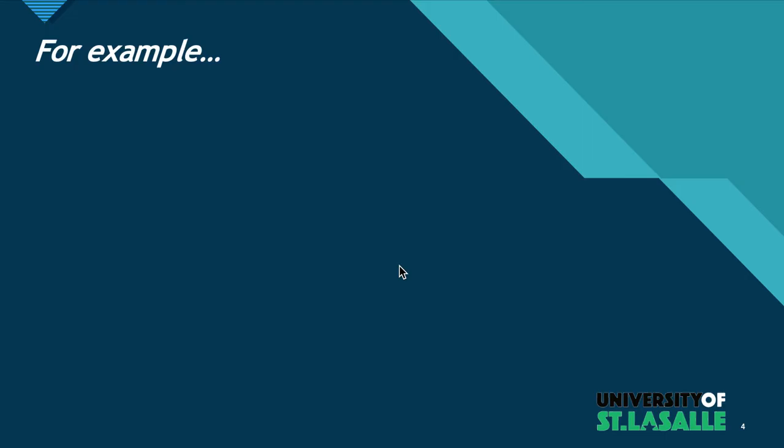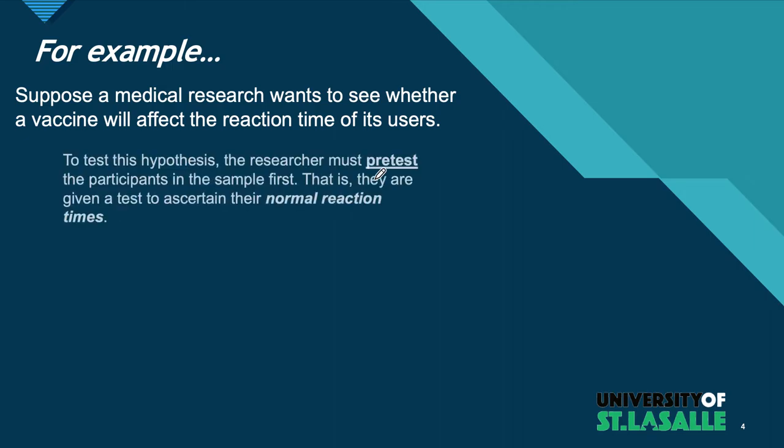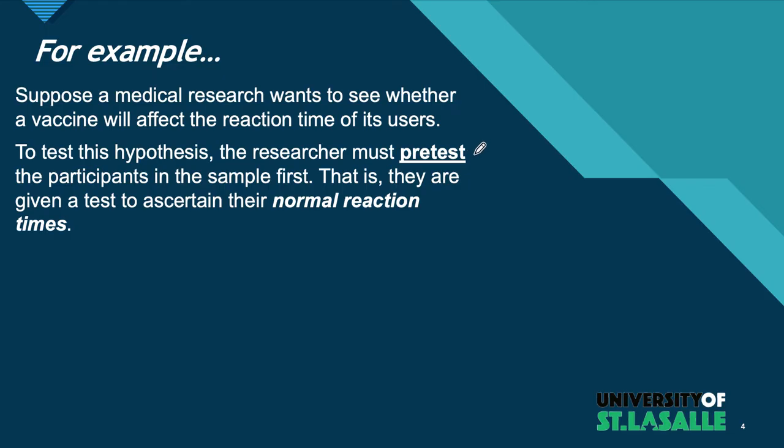One example that I can illustrate is, suppose a medical researcher wants to see whether a vaccine will affect the reaction time of its users. To test this hypothesis, a researcher must first pre-test the participants in the samples. That is, we need to measure their normal reaction times even before the vaccine is administered to them.